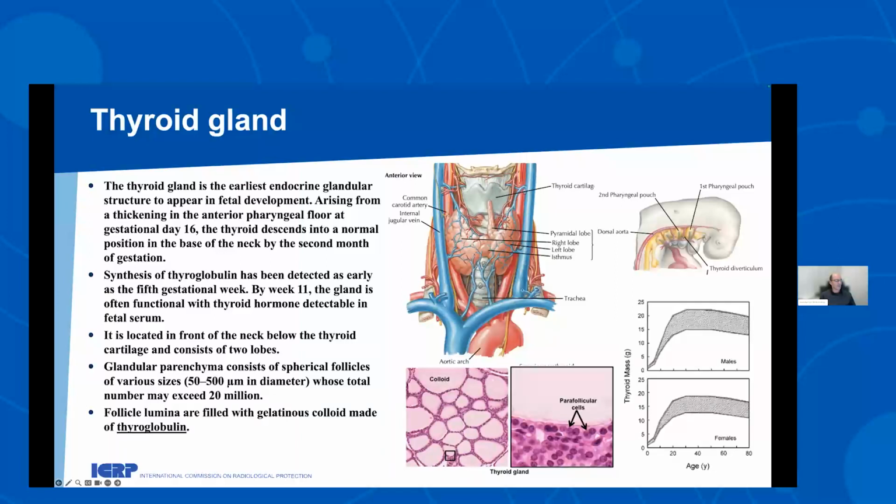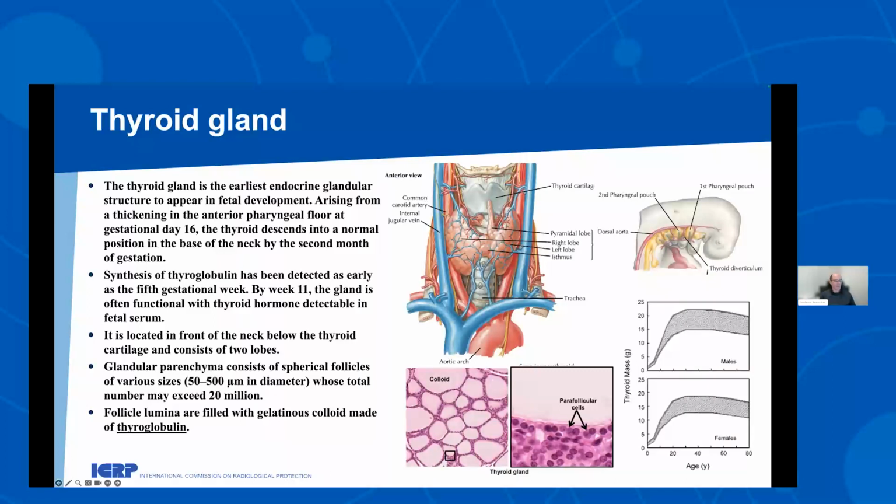The thyroid itself is located in the neck. The parenchyma of the thyroid consists of spherical follicles of various sizes, typically from 50 to 500 micrometers, and the number of such follicular structures will exceed 20 million. The follicle contains a unique compound, thyroglobulin.